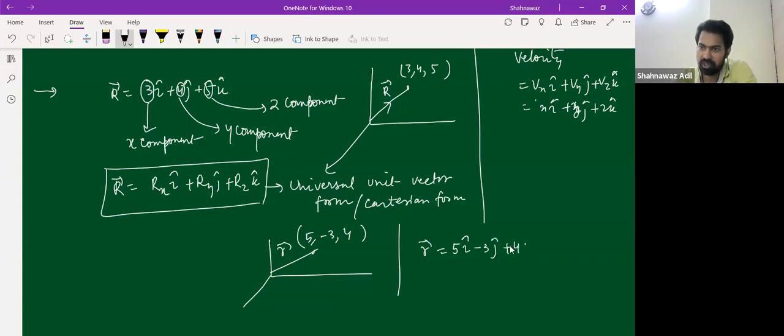Yeah, absolutely right. So this is the position vector of this point. Understood, Nabila?